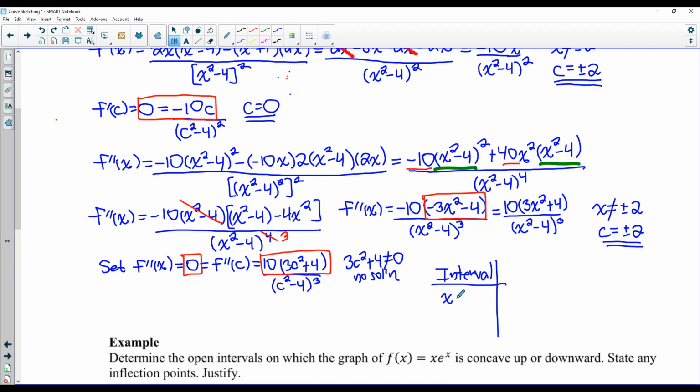So we'll have 3 intervals. So we'll have x is less than negative 2. We'll have x is between negative 2 and 2. And we'll have x is bigger than positive 2. And we want to identify what the sign of f double prime of x is. And then we want to identify what the concavity is. And then based on the concavity, we can then identify inflection points.